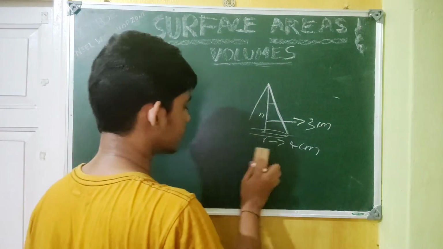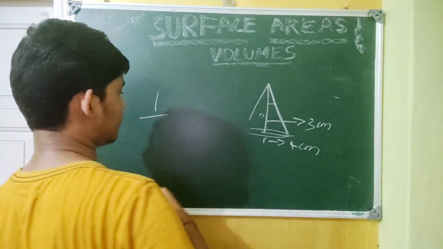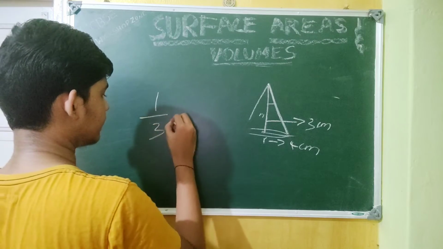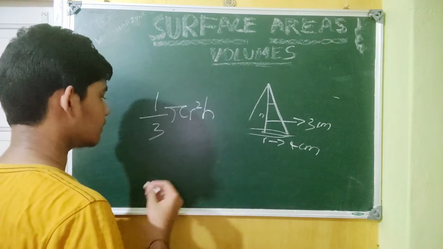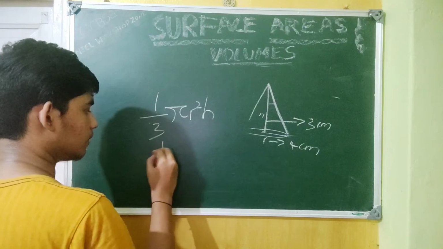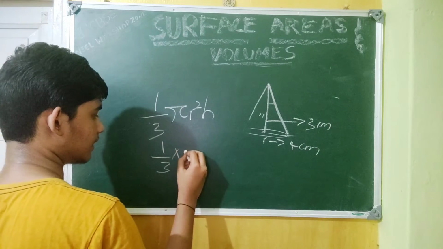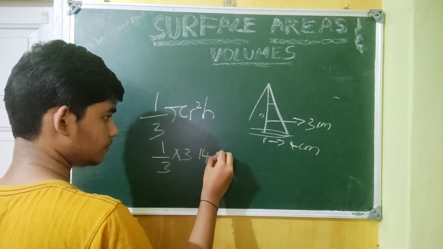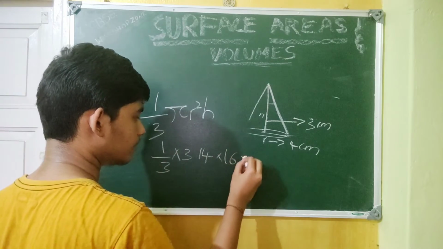Now let's find the volume. To find the volume of a cone, the formula we need to use is 1 by 3 pi r square height. For this we don't need to find the slant height, we can just use this. So 1 by 3 into 3.14 into r square, which is 16, into height.